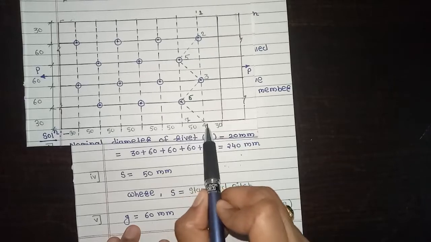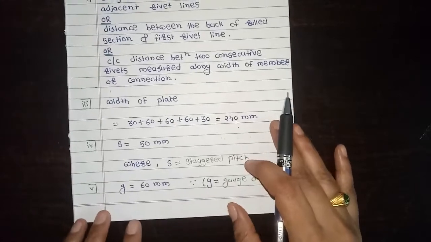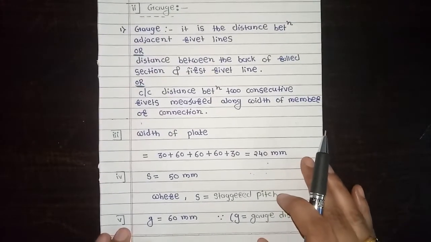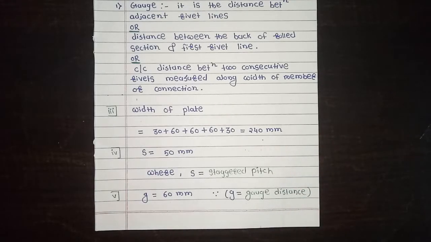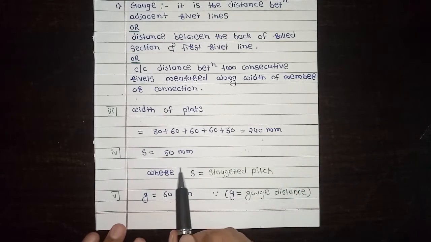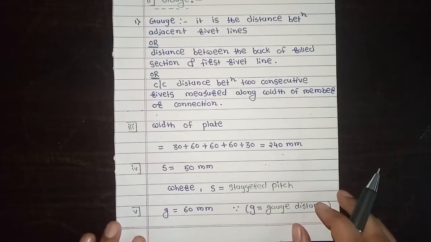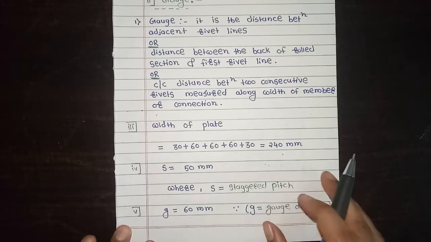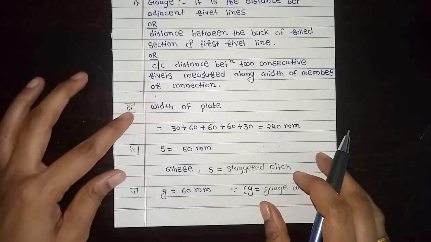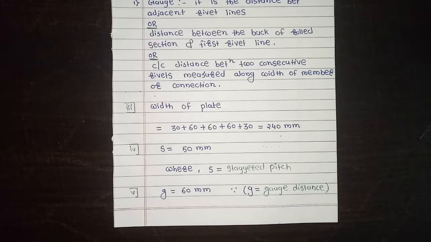So S is equal to 50 mm, where S is equal to staggered pitch, and G is equal to 60 mm. So G is the gauge distance.